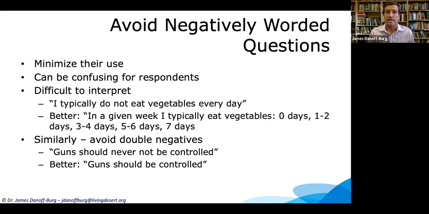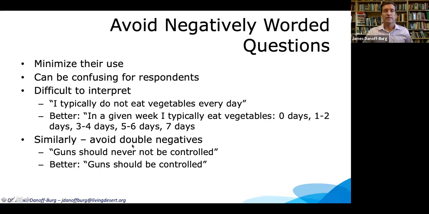A better way to say it is, in a given week, I typically eat vegetables 0 days, 1 to 2 days, 3 to 4 days, 5 to 6 days, or 7 days. So here we're providing them a multiple choice. They can only choose one of these 5 options. Right? That's easy to figure out.